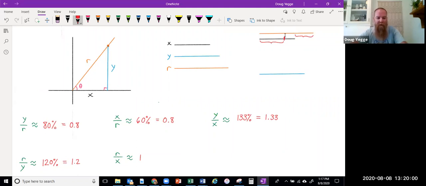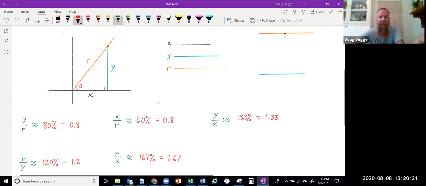So maybe we look at it and say it's 2/3. Okay, so we could say that 2/3 of one is 67%. So it looks like maybe approximately 167% the size, which we're not going to write as a percent. We're going to write it as a decimal and say 1.67.